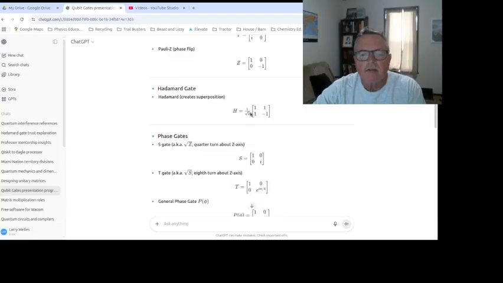Hadamard gate. We'll understand what this 1 over square root of 2 is when we realize that the probabilities have to add up to 1. 1, 0 gives us a 1 in the top and a 1 in the bottom.